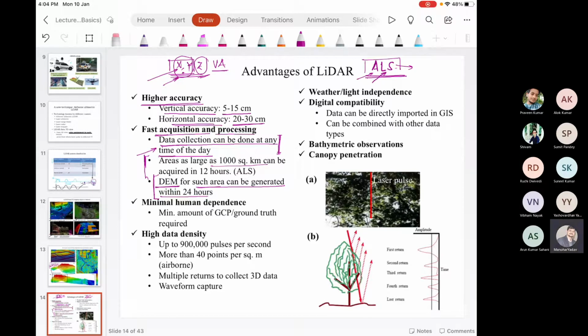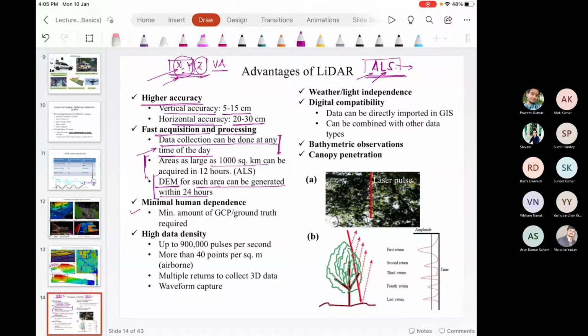Now the third advantage of LiDAR is minimal human dependence. As I said before, once you initialize the LiDAR system, it will automatically collect the data. And this is a direct georeferencing technique. I will explain what we mean by direct georeferencing.